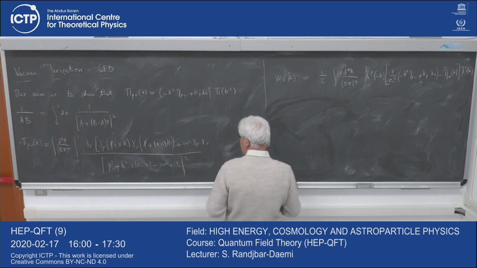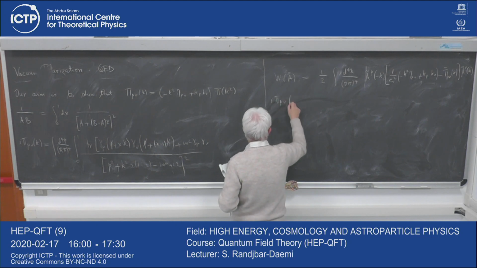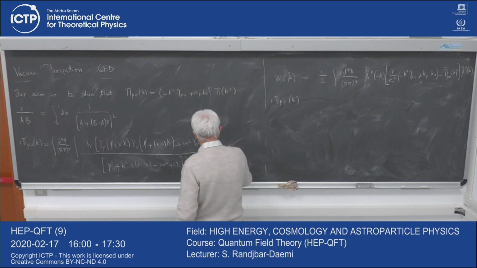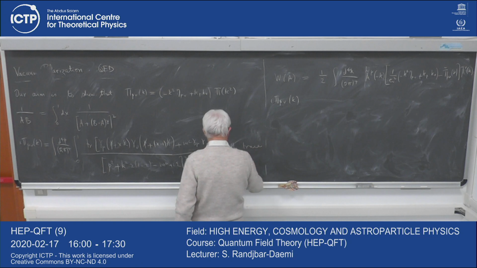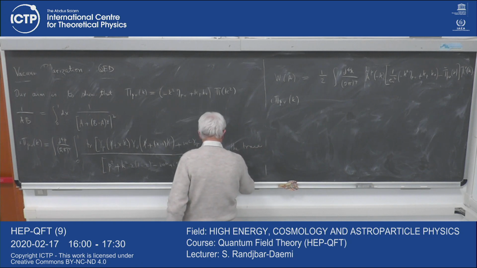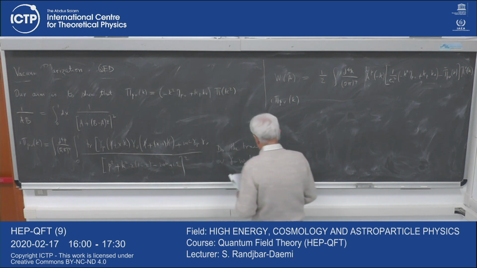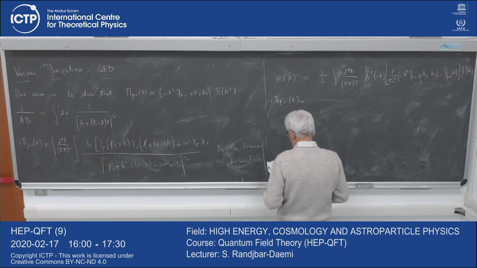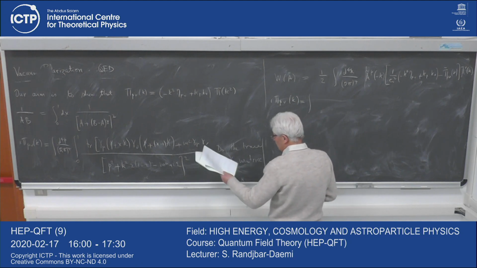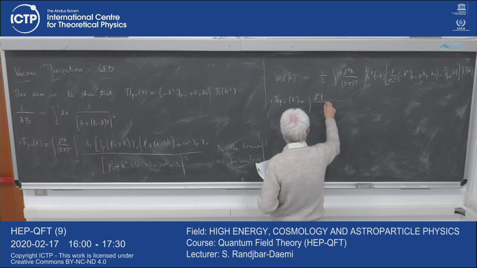So the result of the trace over gamma matrices will give us, and now that I have done the trace and all that, I'm going to write the integral in n dimensions for dimensional regularization.